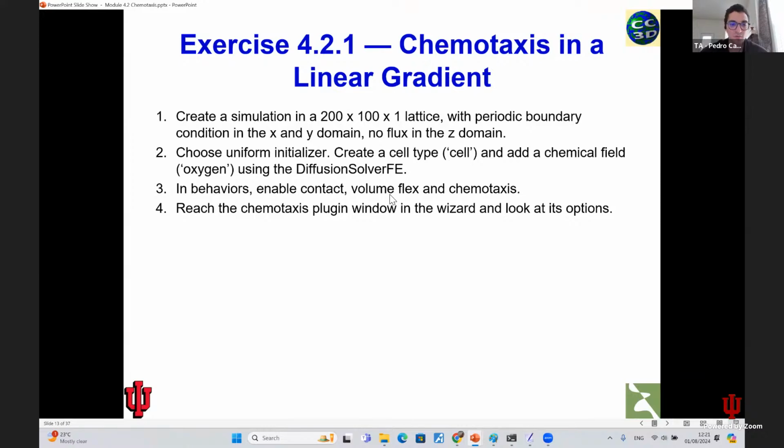So please, go ahead and do the exercise. Reach step 4. Once you reach step 4, I will guide you through the chemotaxis wizard.